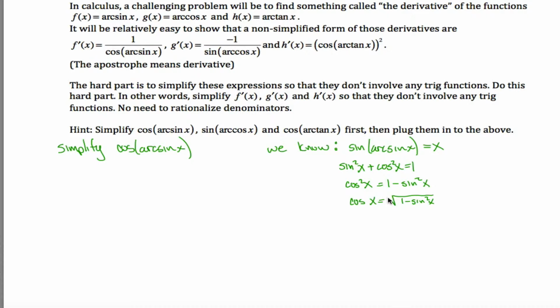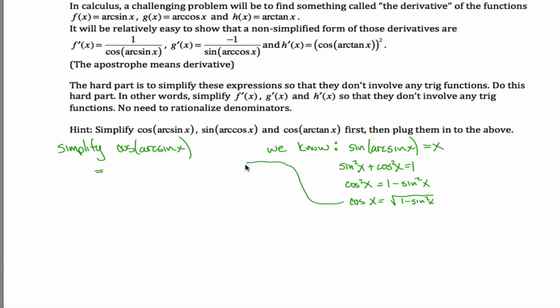Technically, there should be a plus or minus in here, but because of the domain restrictions that I'll need for arcsine, I won't need the plus or minus. My point is you can leave it out. So if cosine of x equals this, what I'm being asked here is cosine of something else. That something else is arcsine. But okay, I can take this fact and apply it.